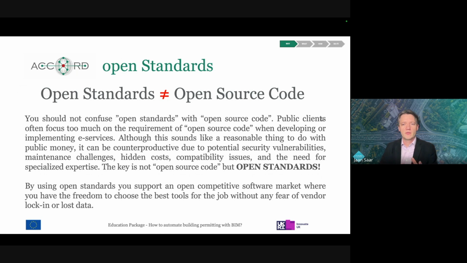So they want to do everything with open source code, but there's a whole bunch of problems related to it because it's tough to maintain. It's very expensive. What you need is open standards. Through the open standards, you get vendor neutrality, you get interoperability, so you can avoid vendor lock-ins. And you have a whole bunch of cool commercial software that you can choose that support open standards. So you remain in control of your data.